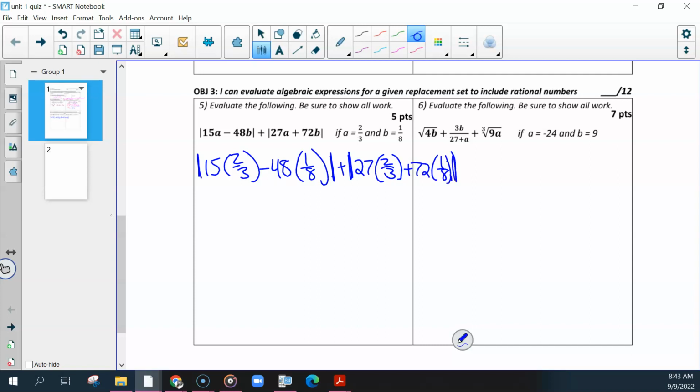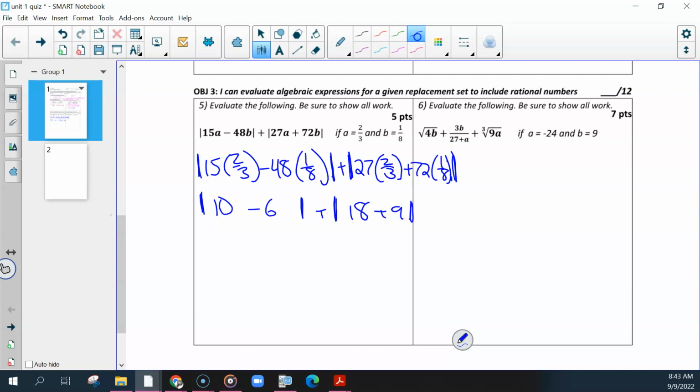Okay, so you showing that was 1 point that you evaluated correctly. And then simplifying this part was 1, because this will give you 10 minus 6, and 18 and 9.